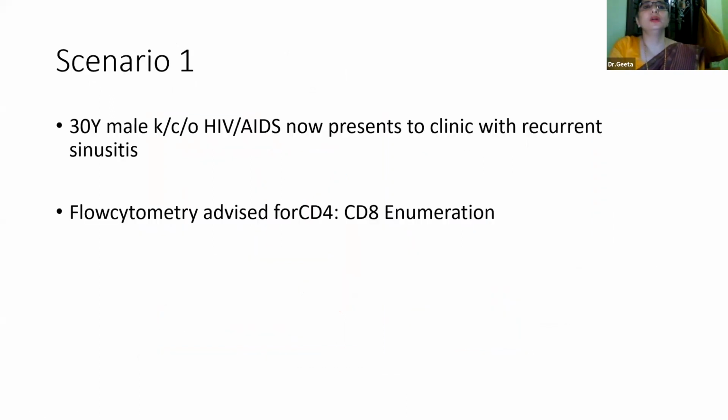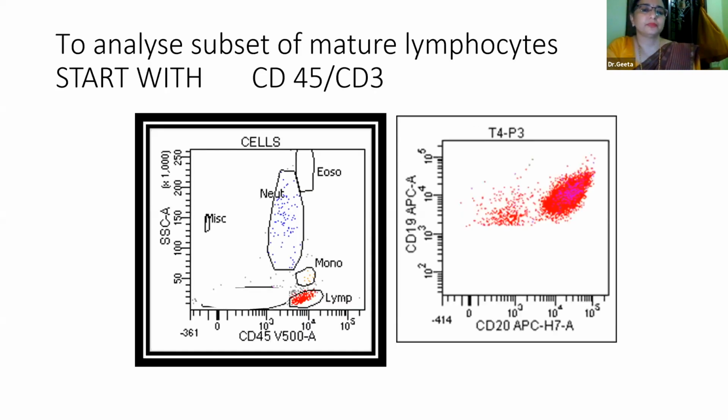Now going on to some scenarios with this background. A 30-year-old male, a known case of HIV/AIDS, presents to clinic with recurrent sinusitis. He is advised flow cytometry for CD4 and CD8 enumeration. First we do CD45, which chooses our population.